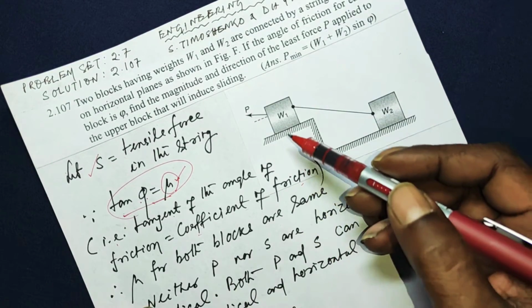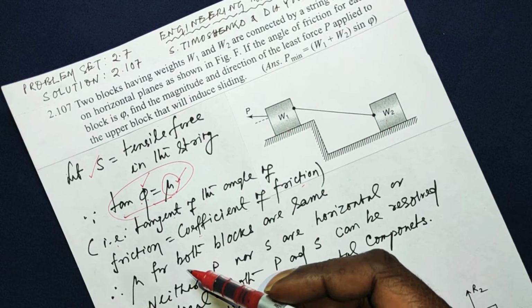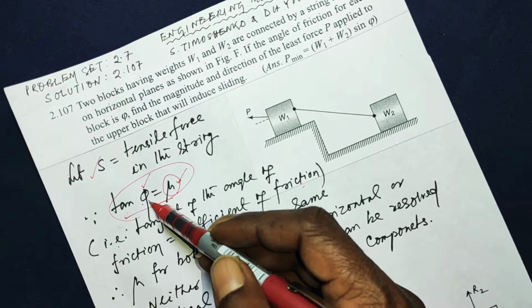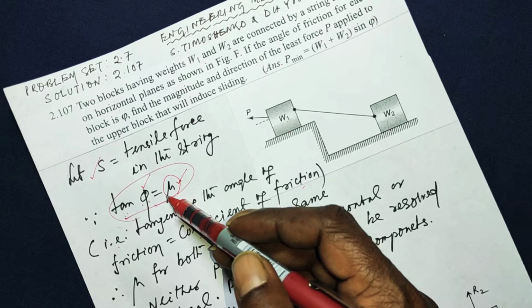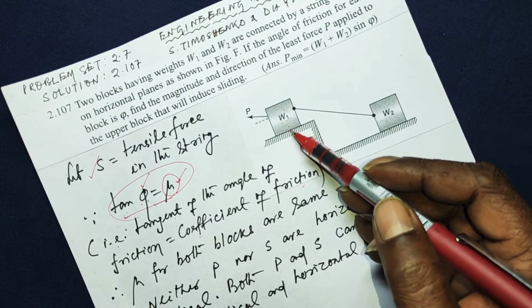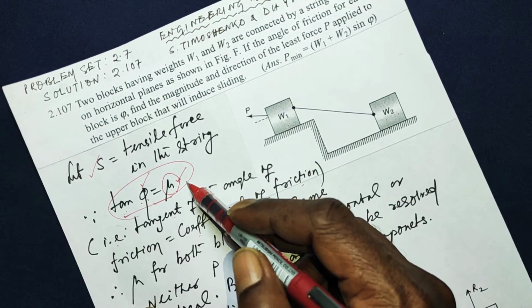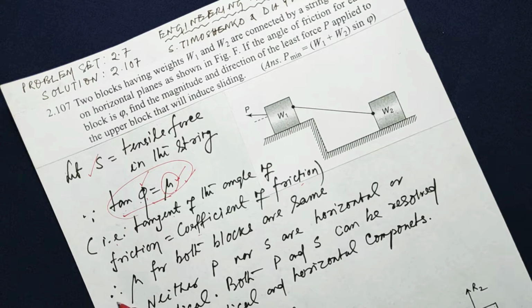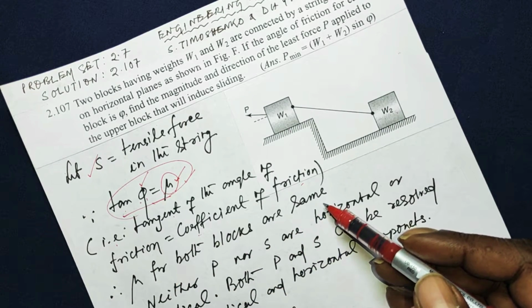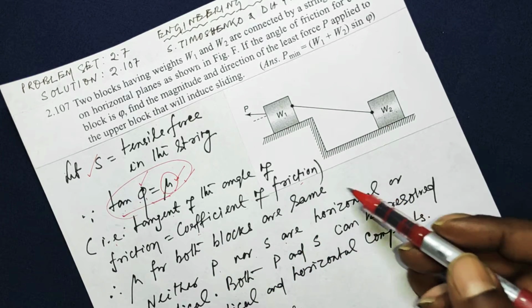Now, since the angle of friction here and here is phi and both are the same, tan phi, which is nothing but the coefficient of friction between this block and this surface, this block and this surface, is the same as mu. Therefore, mu for both the blocks is the same. Now, what else? Neither P nor S is horizontal.